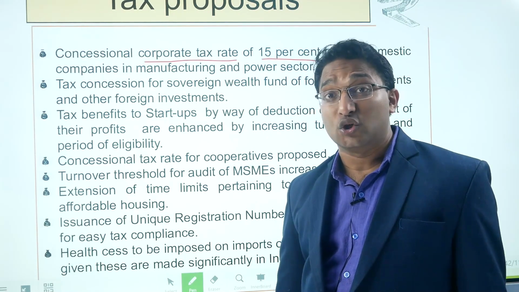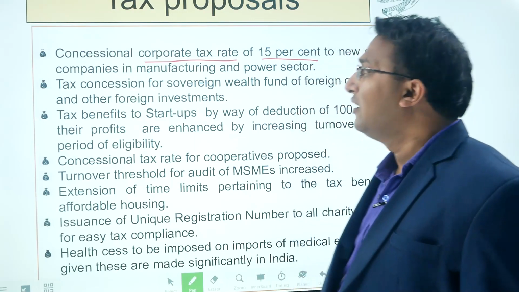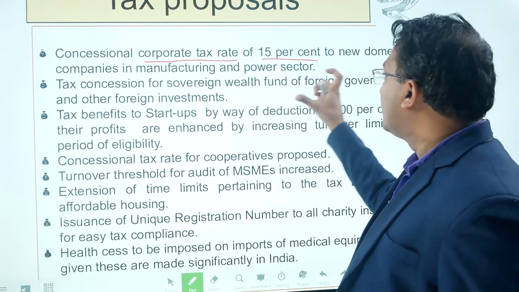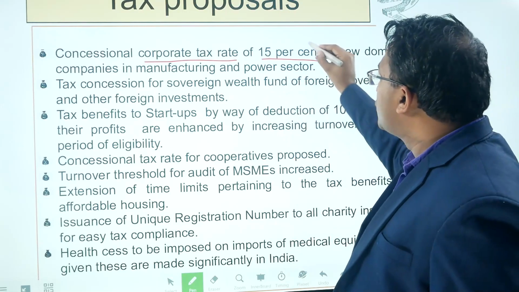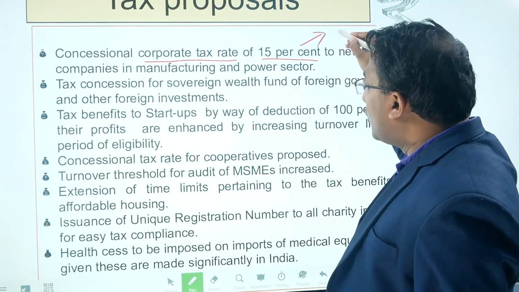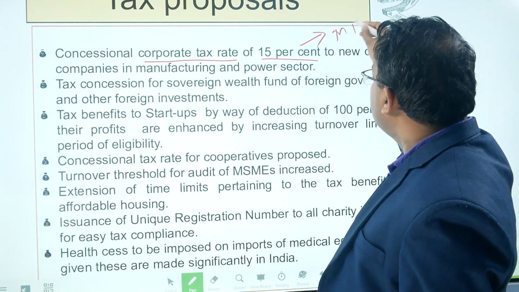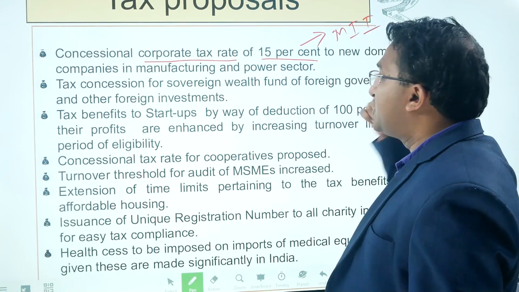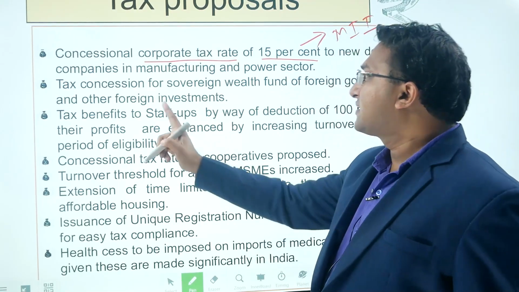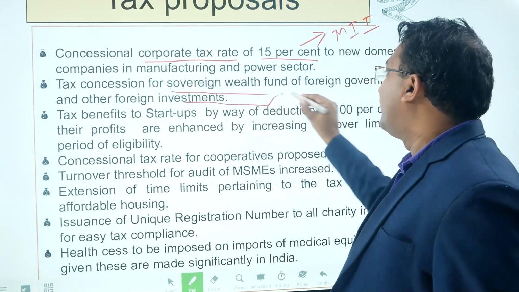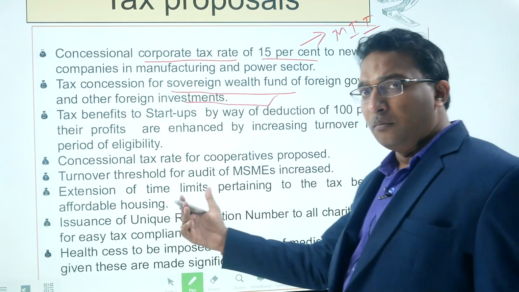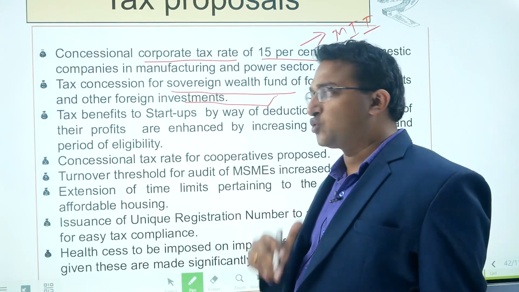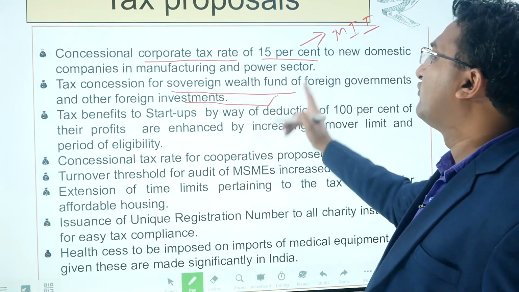Now, they have decreased it to just half for domestic companies in the manufacturing and the power sector. This also indicates that they want to promote Make in India and domestic manufacturing, right? Tax concession for sovereign wealth funds of foreign governments and other foreign investment. This will attract foreign direct investment from sovereign wealth funds.